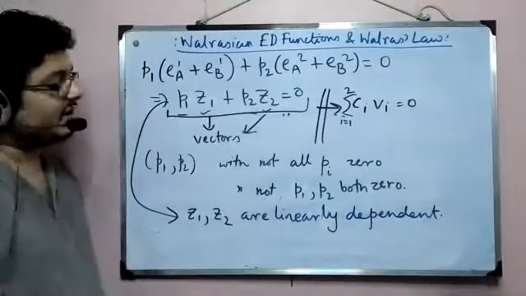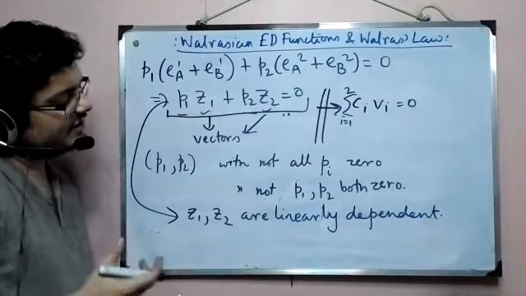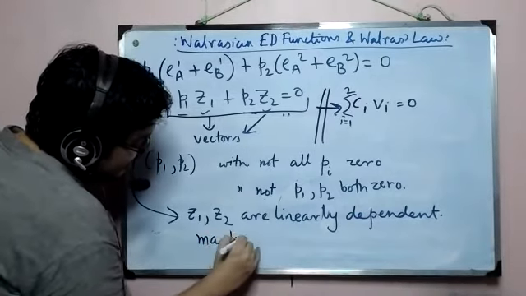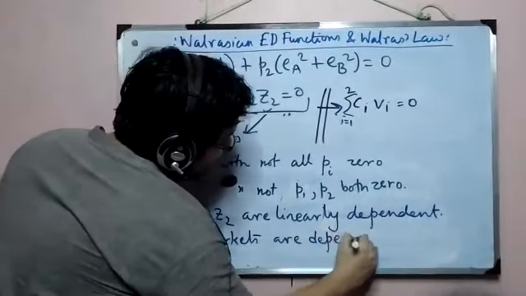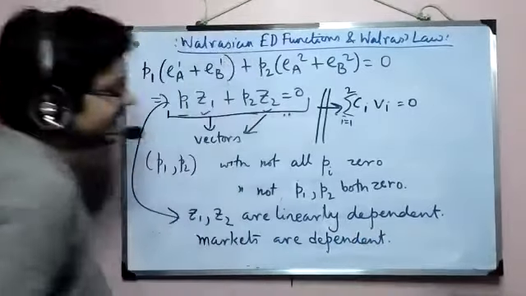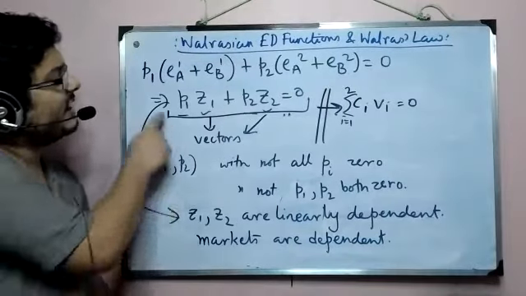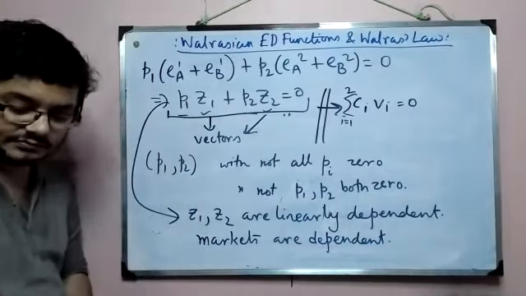In microeconomics, in general equilibrium, we say it using a different word: we just say that markets are dependent. That's how we arrive at this result, markets are dependent, from this equation.